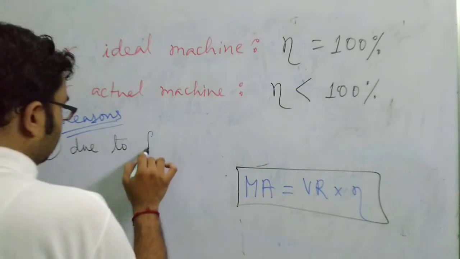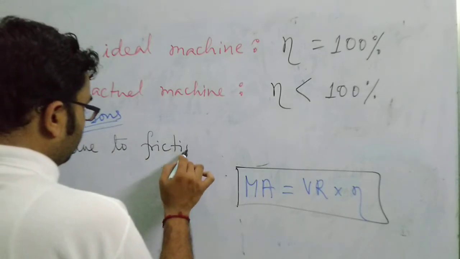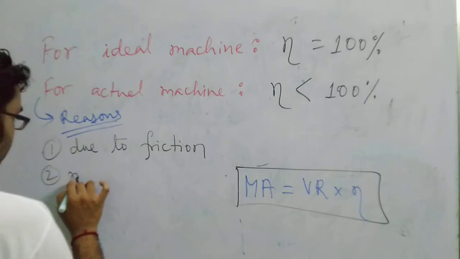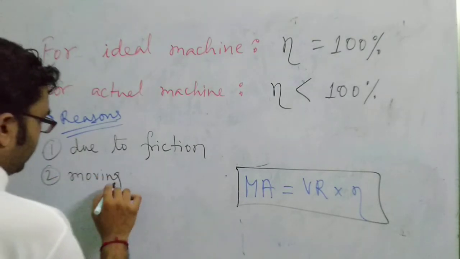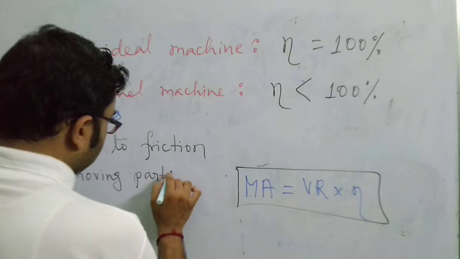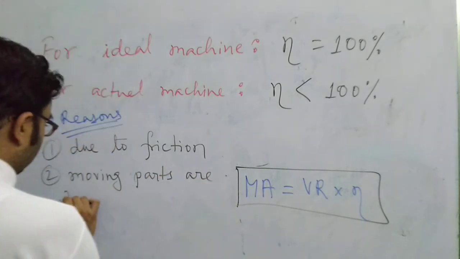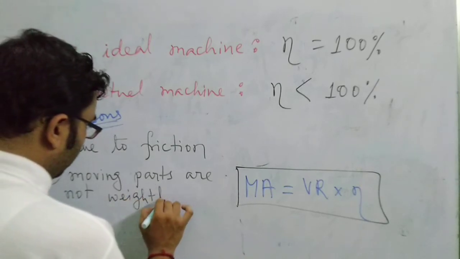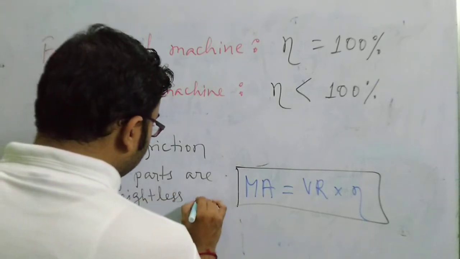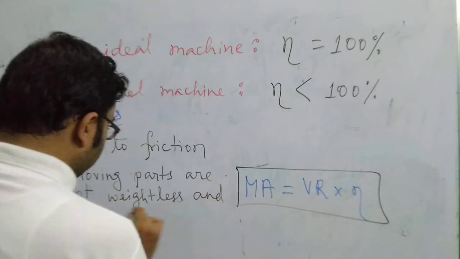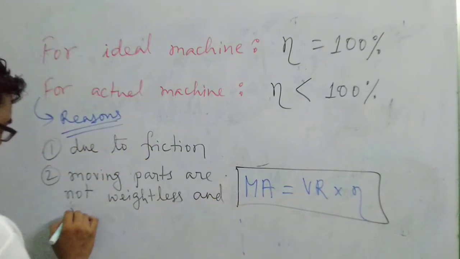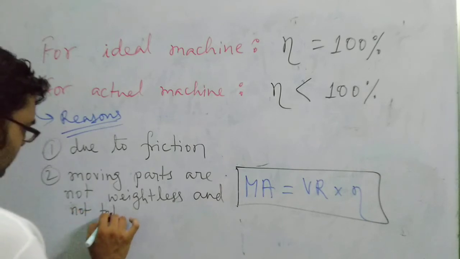Second, the moving parts in a machine are not totally weightless and not totally rigid also.